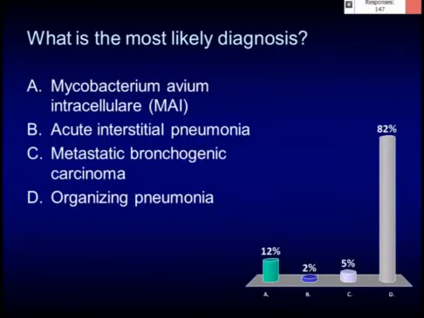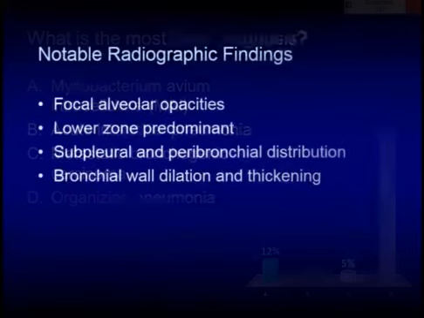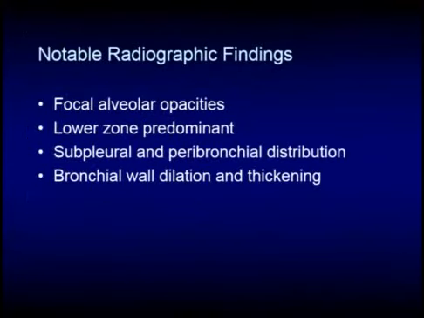Great. So we've moved on here to the last category, which is airspace disease. As we see here, we saw airspace disease that was mostly bronchocentric as well as peripheral. We had areas of patchy airspace disease along with bronchial wall thickening.